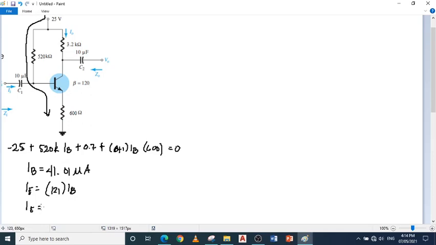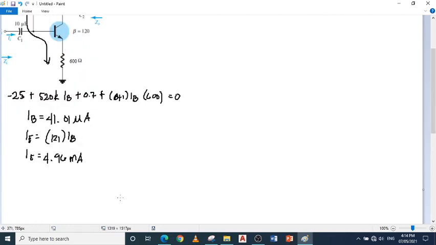Okay. So, IE natin is equal to 4.96 milliamperes.